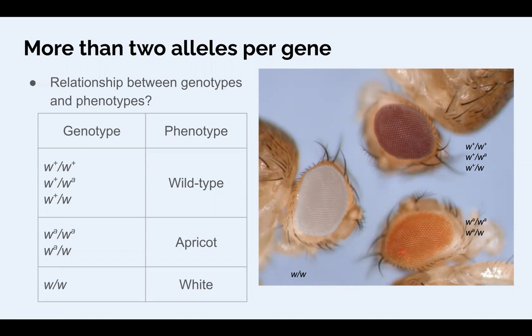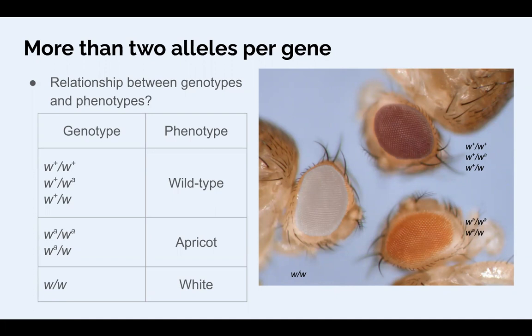So white apricot is the W^a allele, and that produces this apricot phenotype. And so anybody who is homozygous for the apricot allele, or heterozygous if the other allele is the fully non-functional little w allele, produces apricot color eyes. And it takes two of these fully non-functional w alleles to produce the white eye color.